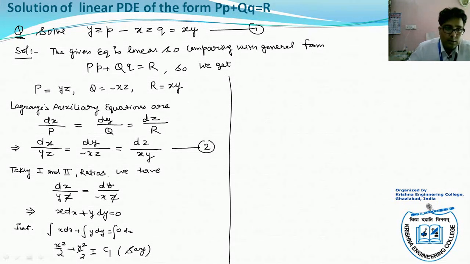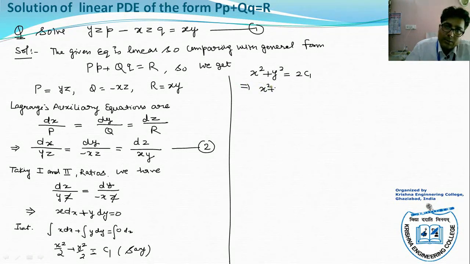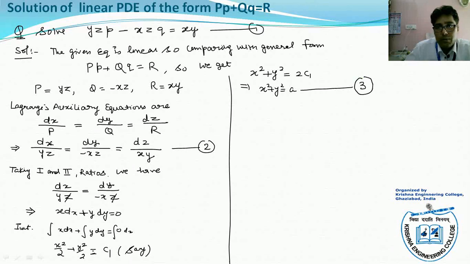Clear? This becomes x square plus y square, multiplying 2 in the whole equation. This becomes 2c1. c1 is the constant, so multiplied by 2, again a constant. This becomes x square plus y square is equal to a. a is another constant, right? We get the first independent solution.